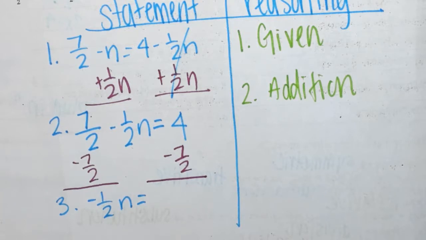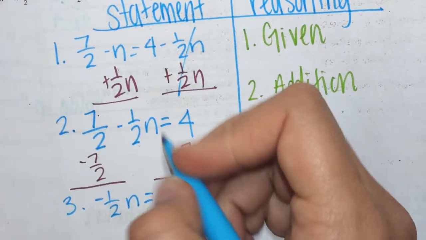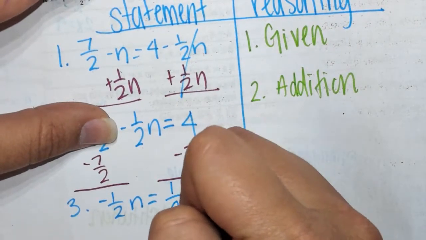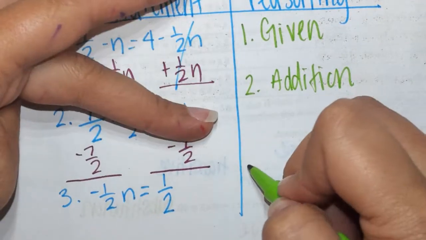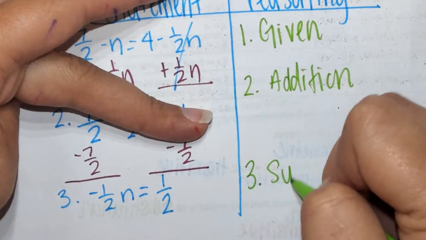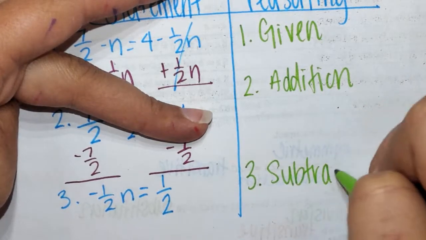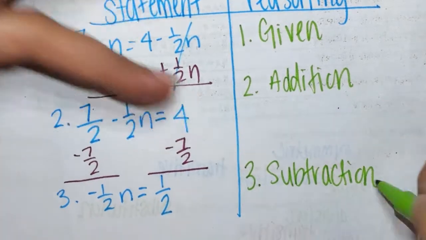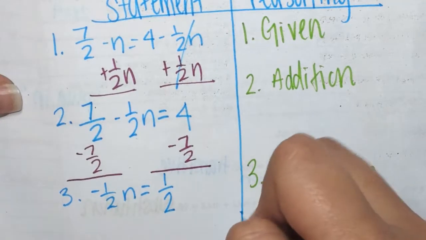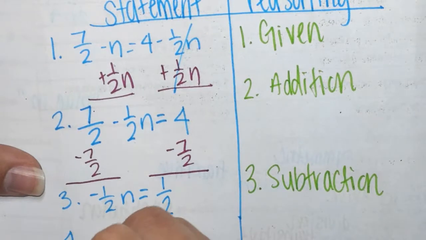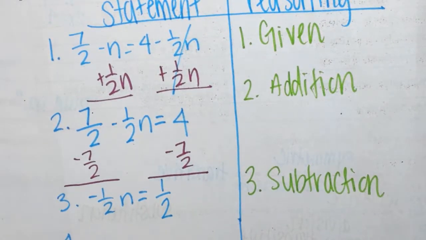Put it in parentheses. 1/2, is it a positive or negative 1/2? Fantastic. And what property was that we did that? Subtraction. It's not. Pardon? It is. Alright.